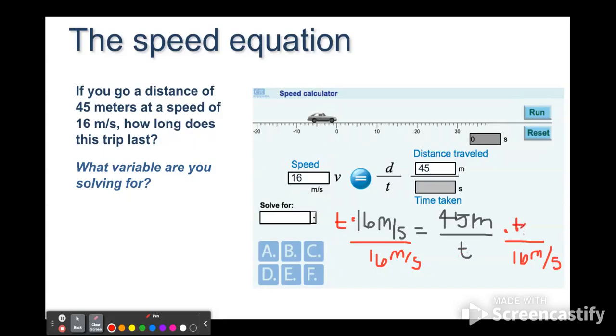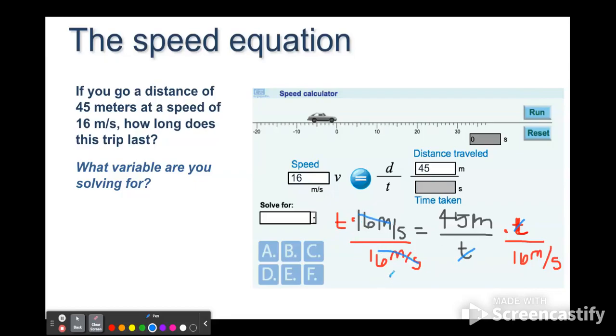I'm just doing a little algebra and showing you what the steps for rearranging that equation are by using algebraic manipulations. So these two will cancel out. These two will cancel out.